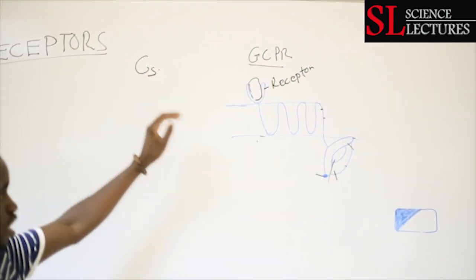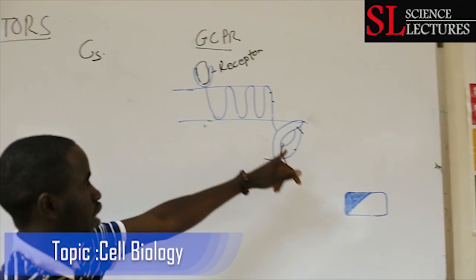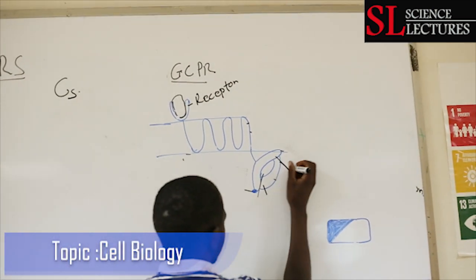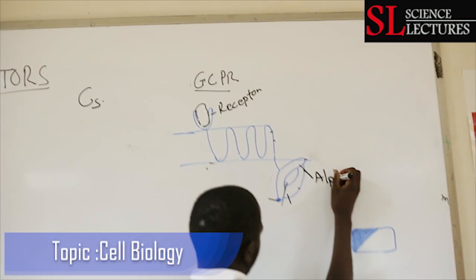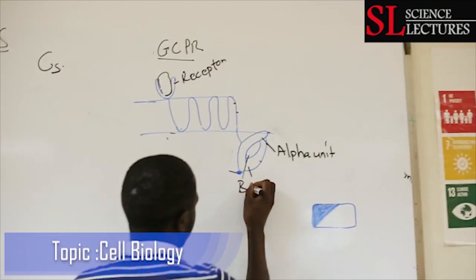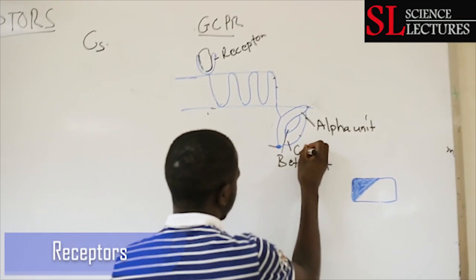Then at GS, we said that the G-coupled protein receptor has three units: the alpha unit, the beta unit, and the gamma unit.